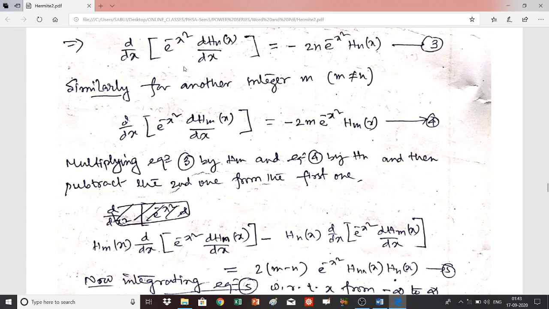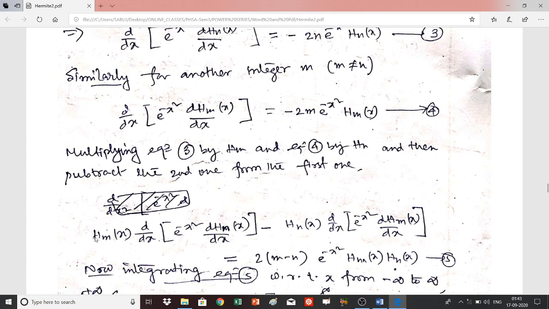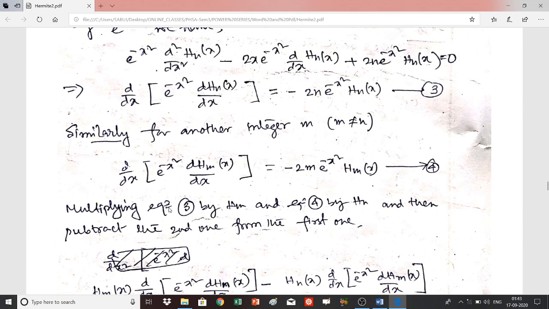If you multiply equation 3 by H_m, then this term will give you H_m into this, and if we multiply equation 4 by H_n, then it will give H_n into this.